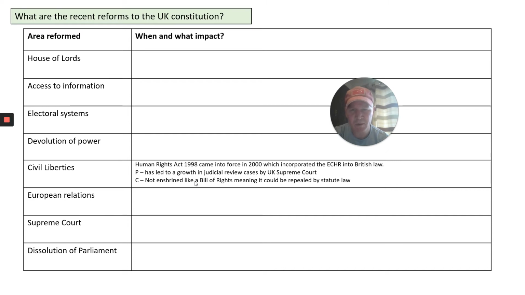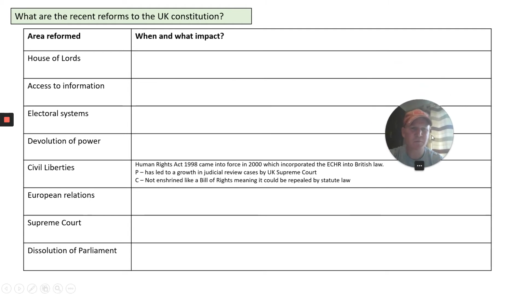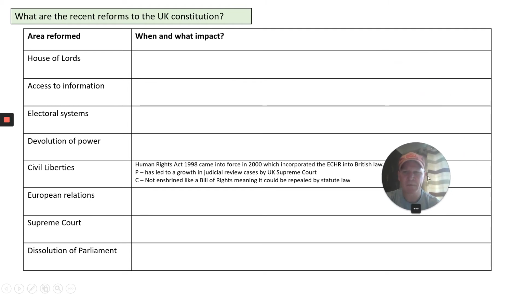So one pro is it led to a growth of judicial review cases by the UK Supreme Court. We've been talking about that. A con would be it's not totally enshrined like the US Bill of Rights, meaning that this Human Rights Act can actually be repealed by Parliament if it wants to through statute of law. Okay, that's what I'm looking for, and I think that's what you need, okay, in terms of each of these particular reforms. And that's your basic knowledge that you require to get through the Constitution.